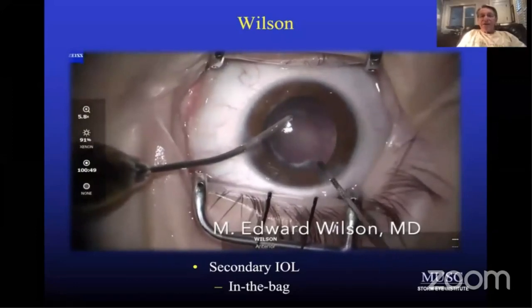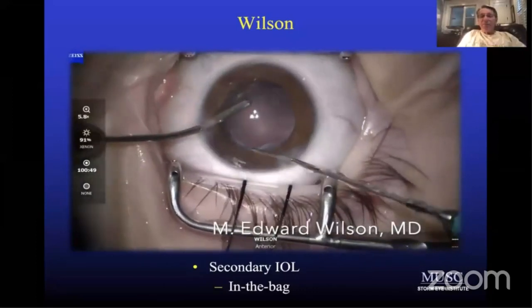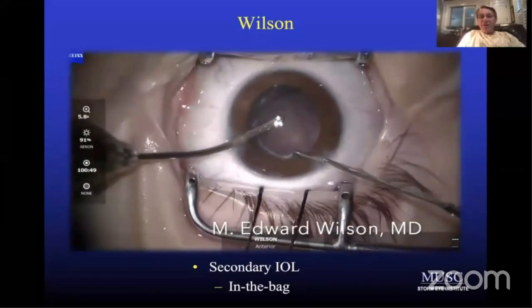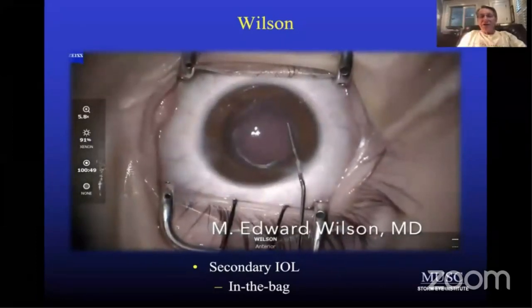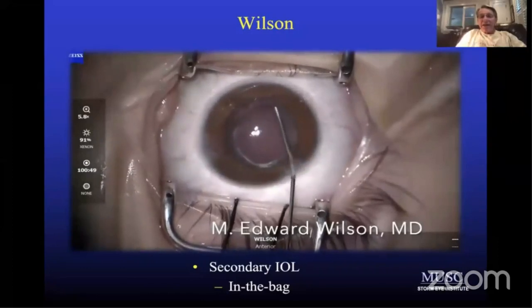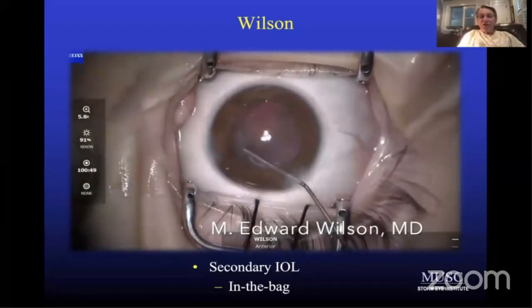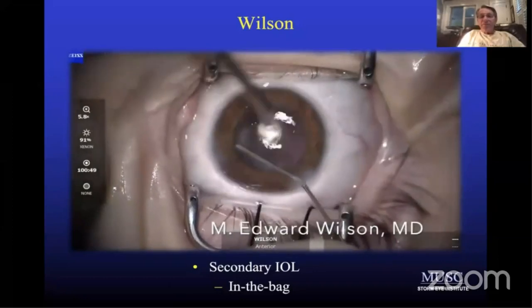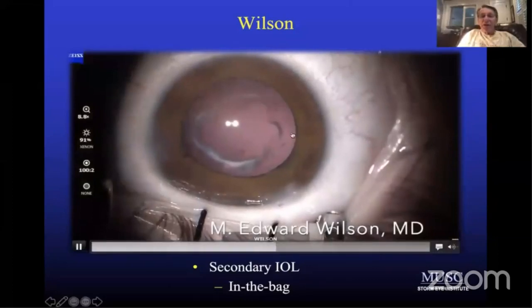At this point, I visualize my new anterior capsule opening, and I place the OVD in the capsular bag in such a way that it brings the new anterior capsule up to the iris. Here the OVD is being placed, and I think you can see with this close-up view in just a second, the new anterior capsule opening, the new anterior capsulotomy.